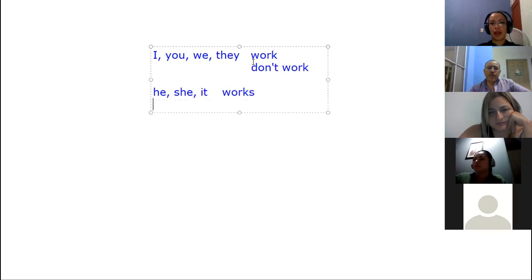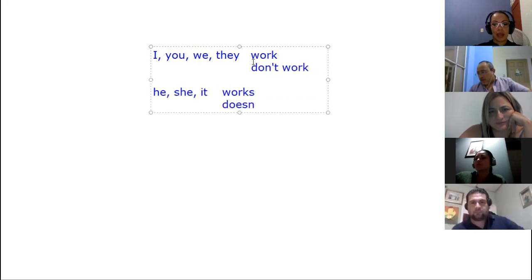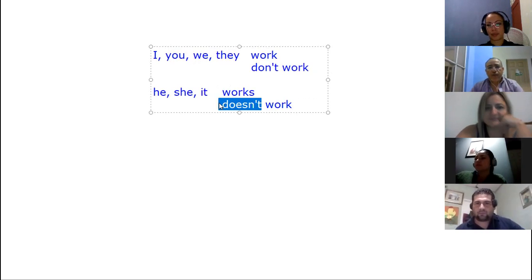Ahí le agregamos la S, ¿verdad? Porque es tercera persona singular. Y en negativa, doesn't work. Ya no le agregamos S al verbo, porque estamos usando el auxiliar.